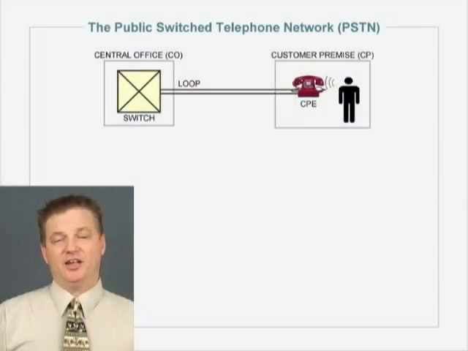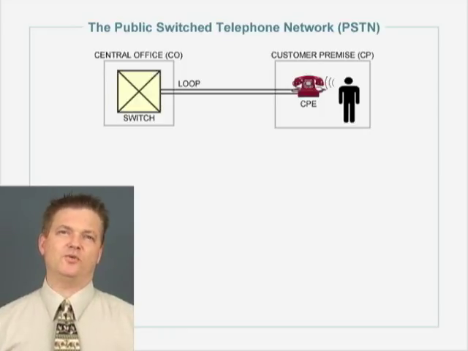So those two wires that are connecting the telephone to the telephone switch are normally not connected together. And when you go off hook, the little switch closes, connecting the two wires together. Now over on the telephone switch, the thing that terminates the two wires is called a line card.